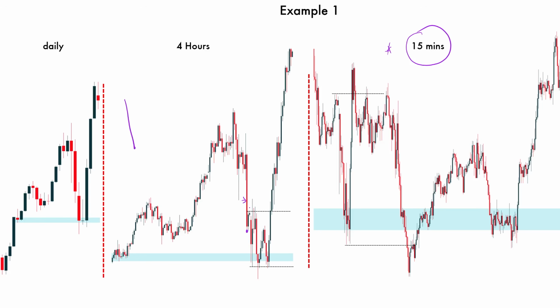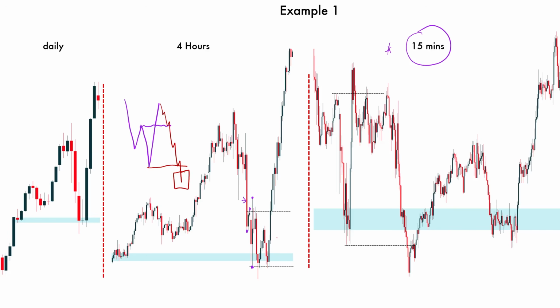We move to the upside here, and then we move to the downside again to make this low, and then we move aggressively to the upside to make this high, and then we have something like this.